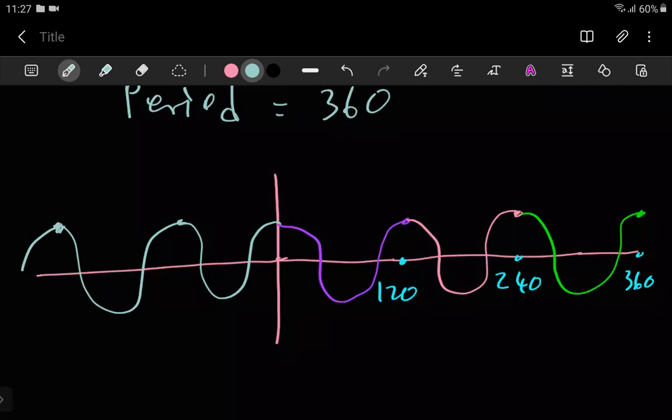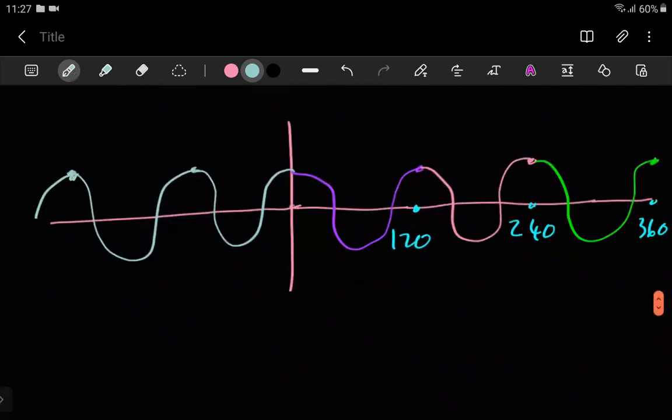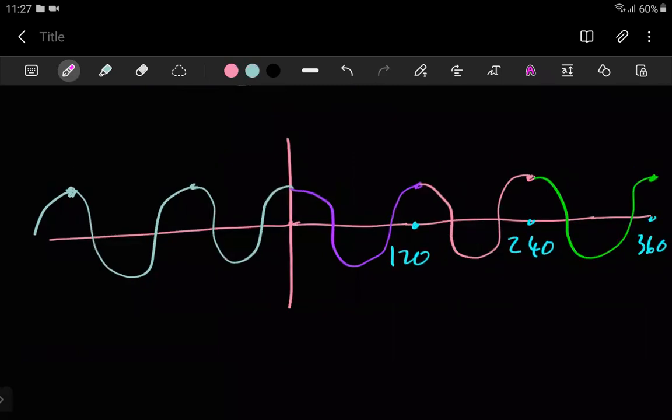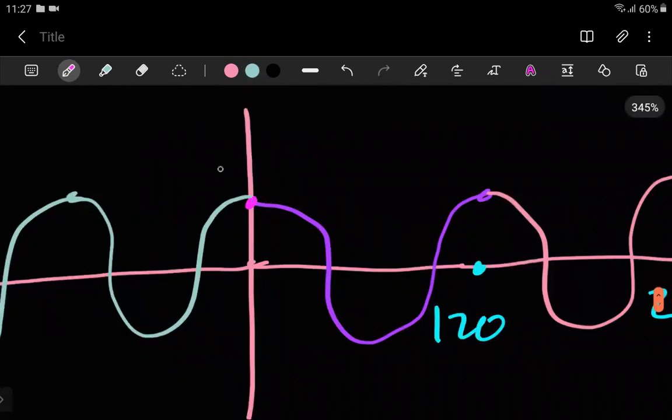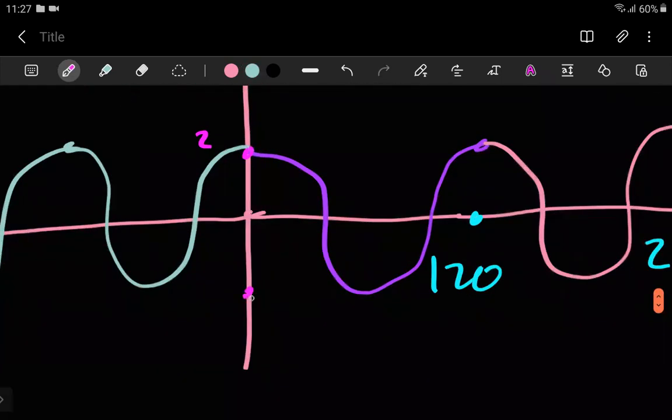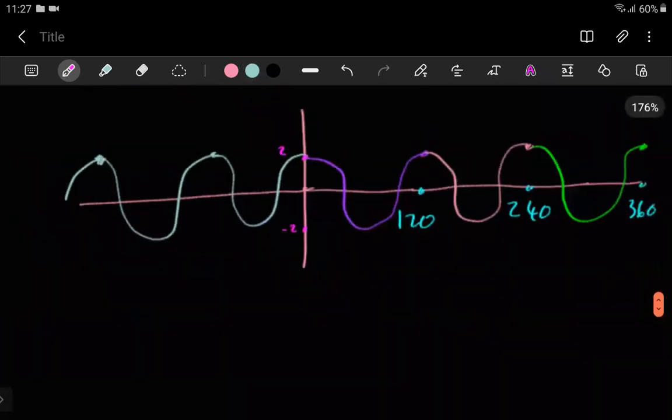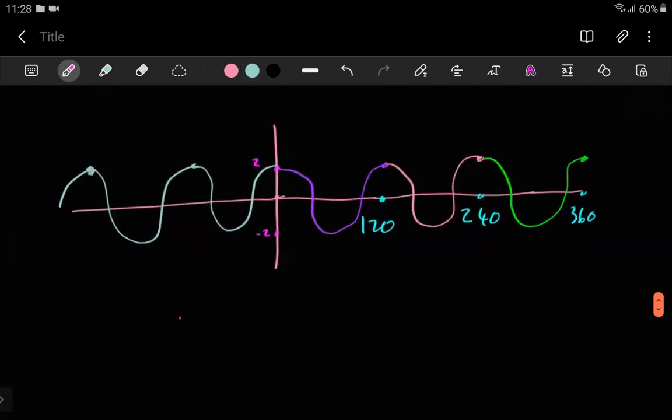In this image that I just drew, let's say up here it's a 2, and down here it's minus 2. The equation of this graph would look something like y is equal to 2 cos 3x.